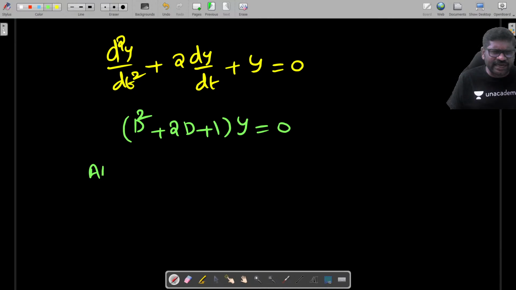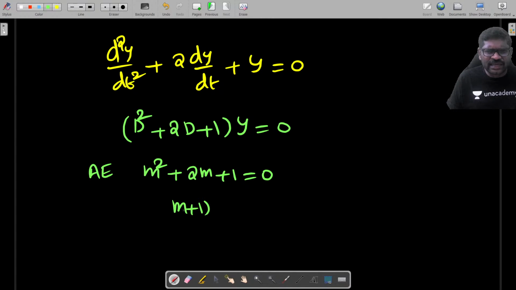The auxiliary equation is m square plus 2m plus 1 equal to 0, m plus 1 whole square equal to 0, m is equal to minus 1 comma minus 1.